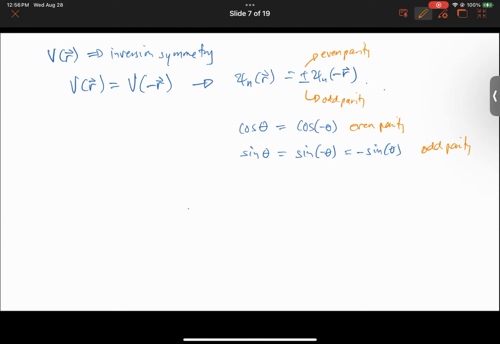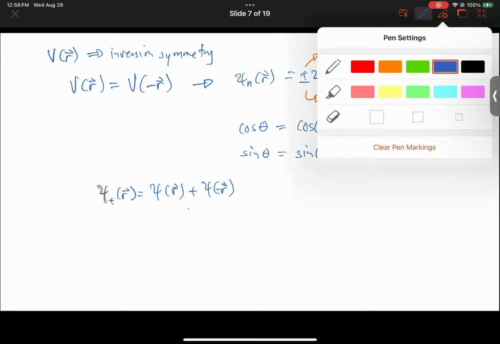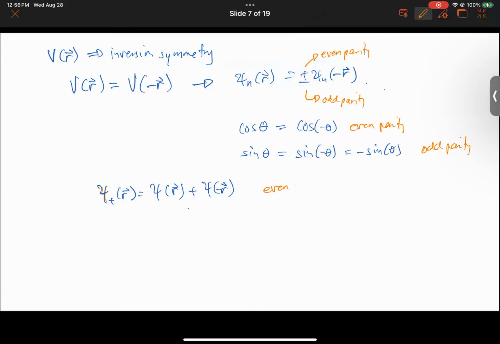So what I mean is you will have a new wave function of this form: psi plus equals psi of r plus psi of negative r. This means it has even parity, and you can easily show that.